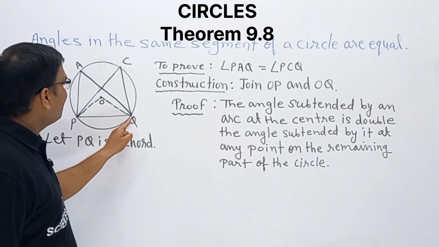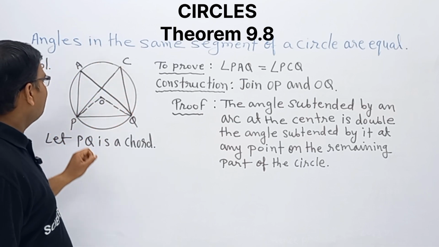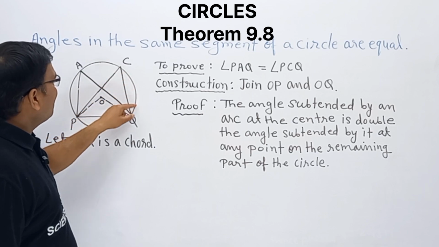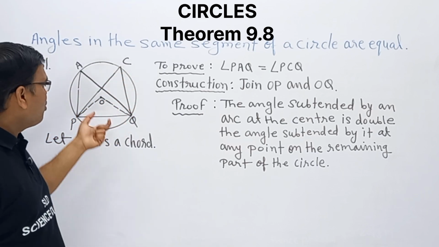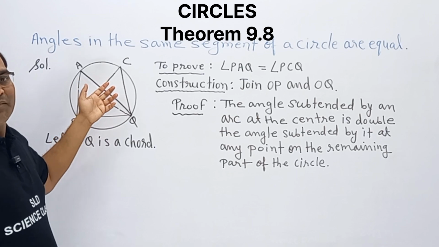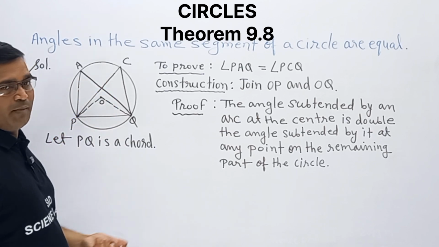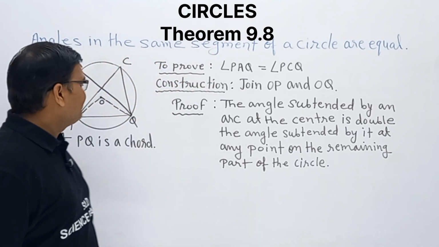This is the minor arc and this is the major arc. So we can say this is one segment, and this one is another segment. So a chord divides a circle into two segments.